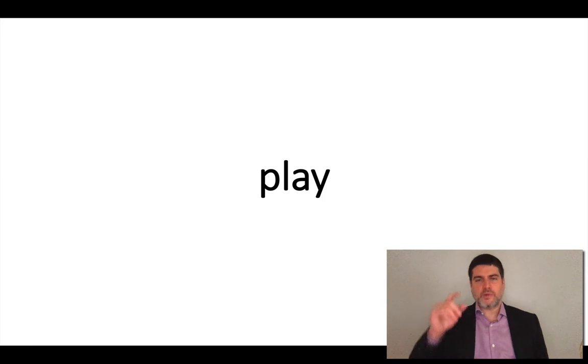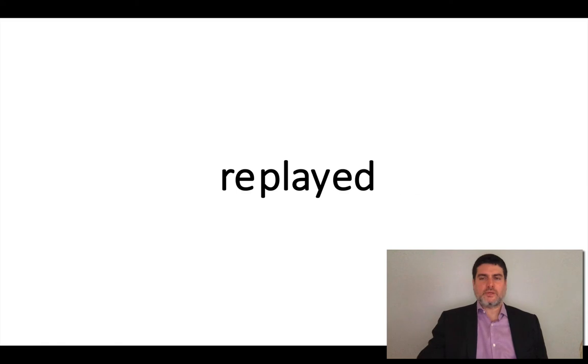Let's go back to the bare word again and look at what else we can do with this. So we already saw replay. Now we have the two morpheme word replay, and we can also add on ed at the end. And now we have a three morpheme word, replayed. So again, a morpheme is the smallest unit of meaning within a word.